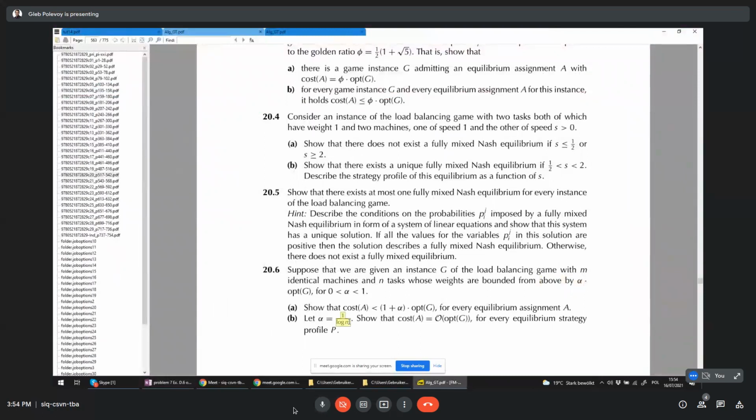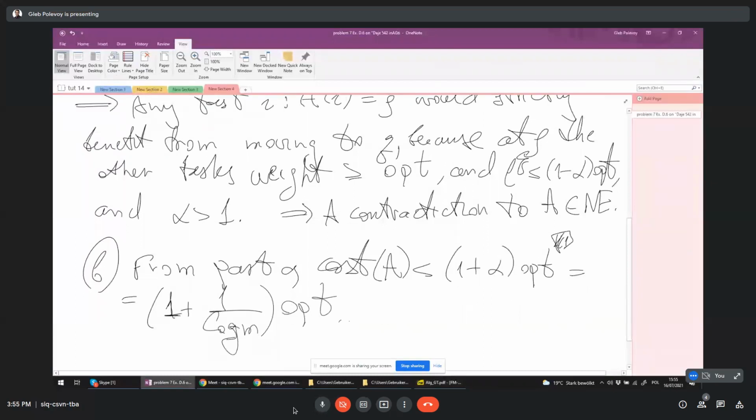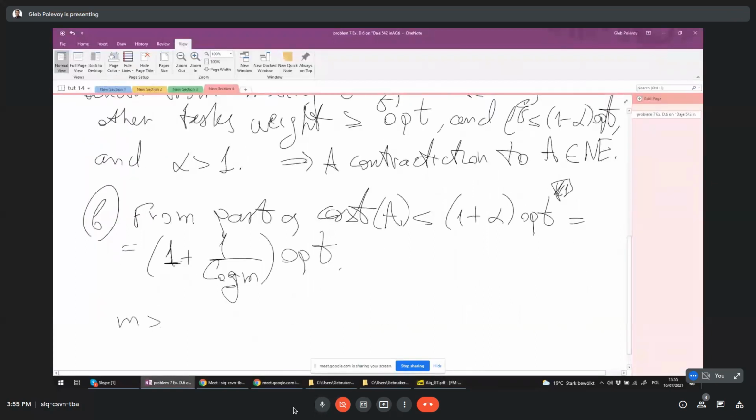And then m is at least 2, that's the assumption, therefore log m is at least log 2. Doesn't matter what it is.